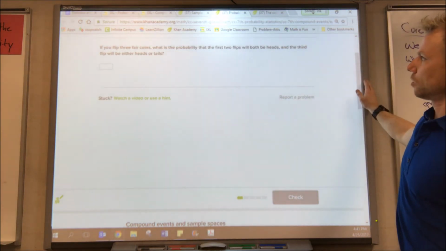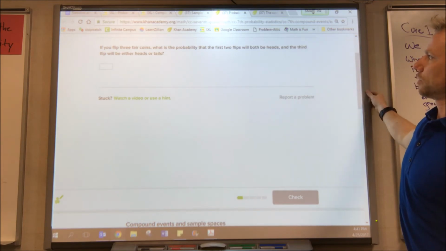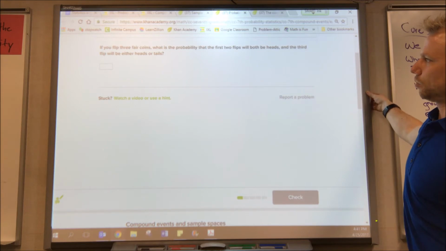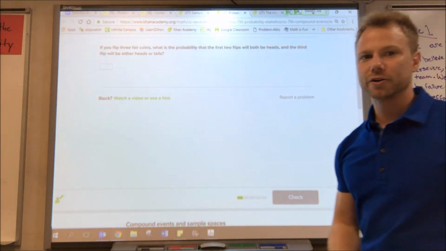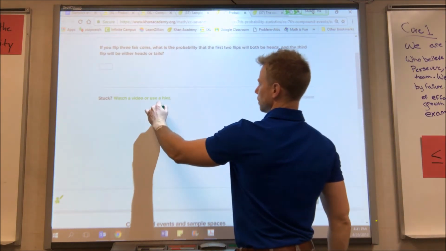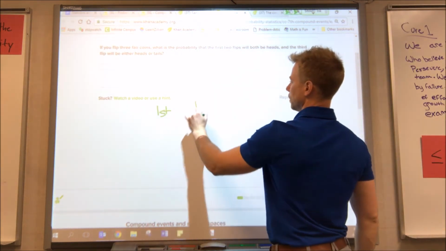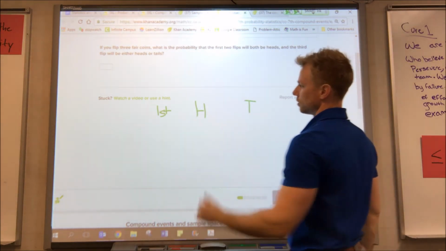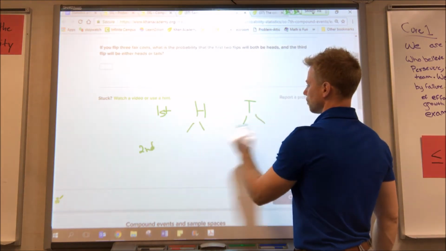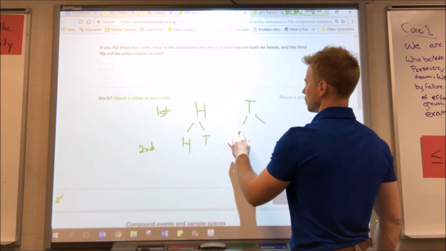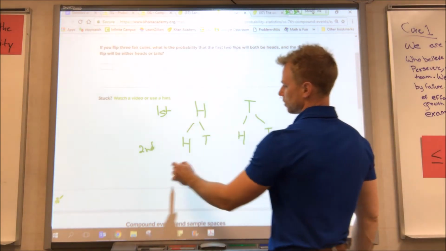If you flip a fair coin, 3 fair coins, what is the probability that the first 2 flips will both be heads, and the third flip will either be heads or tails? Okay, so we need to draw a tree diagram again. Our first flip, we get heads or tails. Our second flip, no matter what we got the first time, we still have choices of heads or tails.